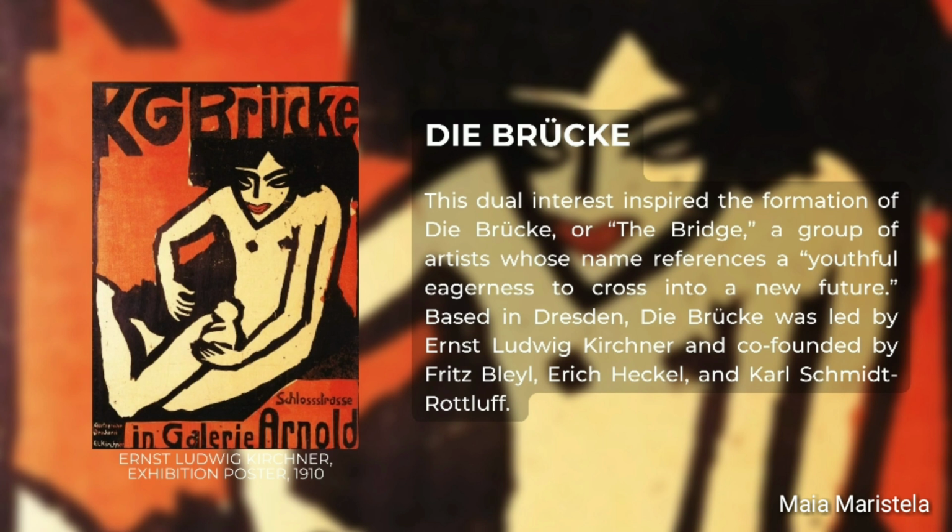Based in Dresden, Die Brücke was led by Ernst Ludwig Kirchner and co-founded by Fritz Bleyl, Erich Heckel, and Karl Schmidt-Rottluff. On the left corner, we can see Ernst Ludwig Kirchner's exhibition poster in 1910.